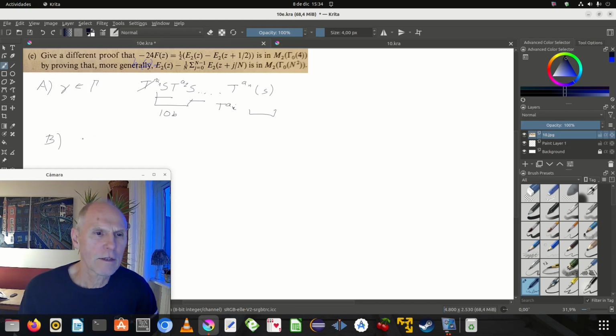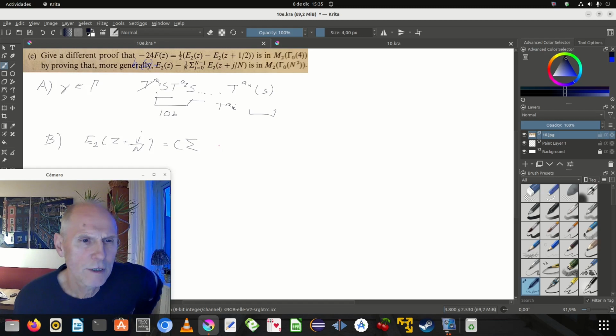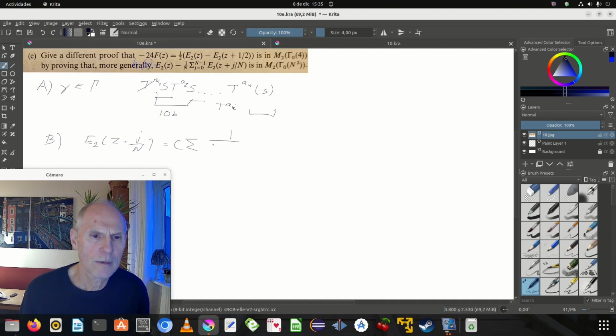And we start rewriting E2 of here. It's some constant, never mind which it is. Is it 4 divided by p squared? I don't know. Oops. 1 divided by z plus j divided by n squared.